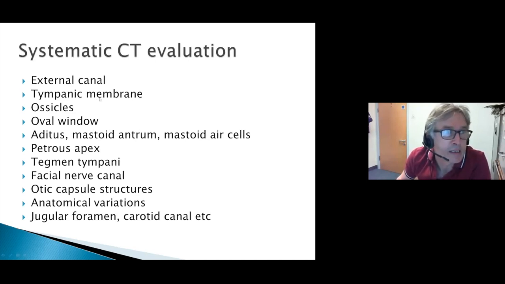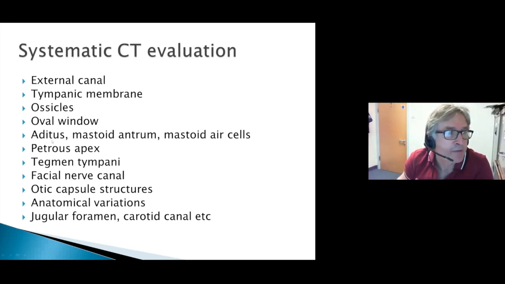In most instances where the tympanic membrane is normal, I'd expect just a very, very faint representation of it on a normal CT scan. We should be able to see all three ossicles and fine detail of those three ossicles. And then moving more centrally still, looking at the oval window and the footplate of the stapes.